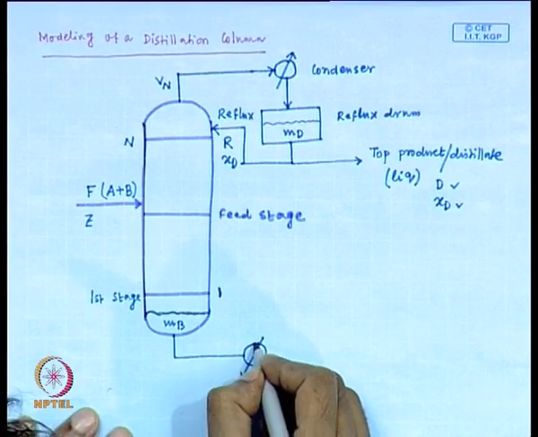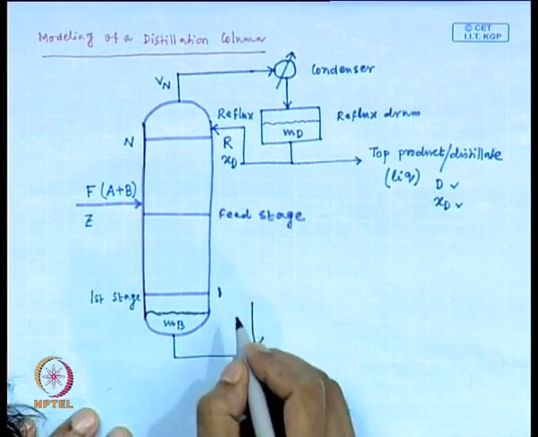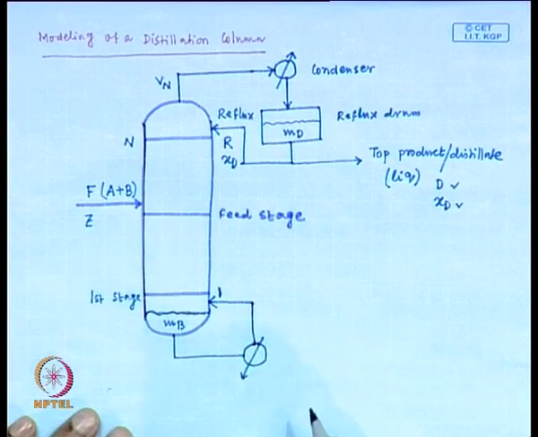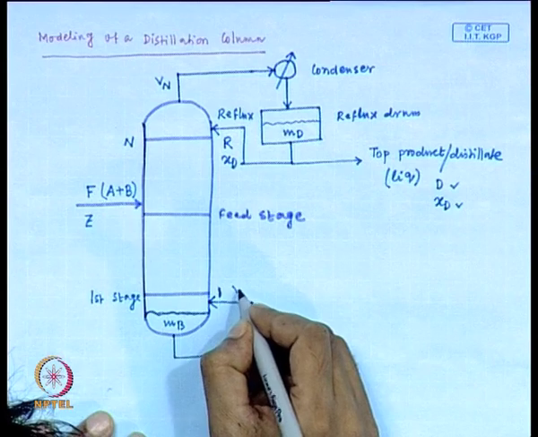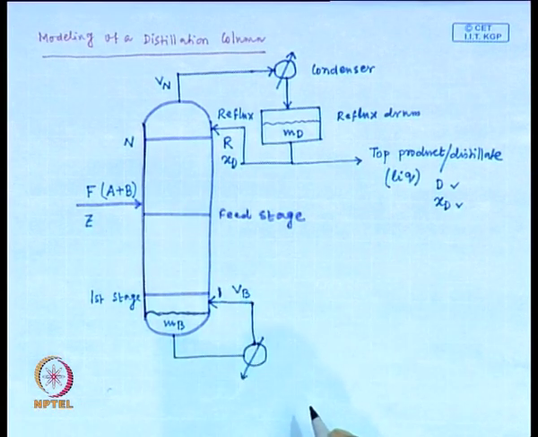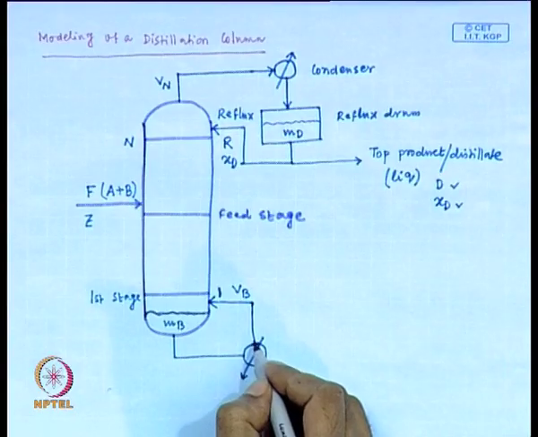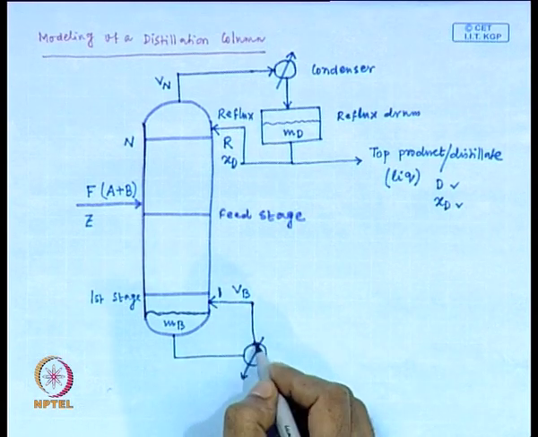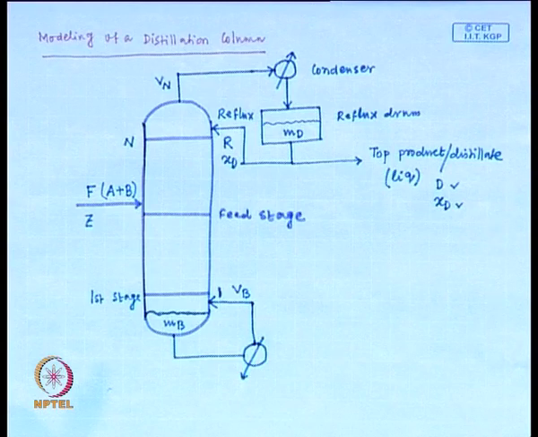Then the vaporized stream is recycled back to the bottom stage. Suppose the flow rate of this recycled vapor is V suffix B.